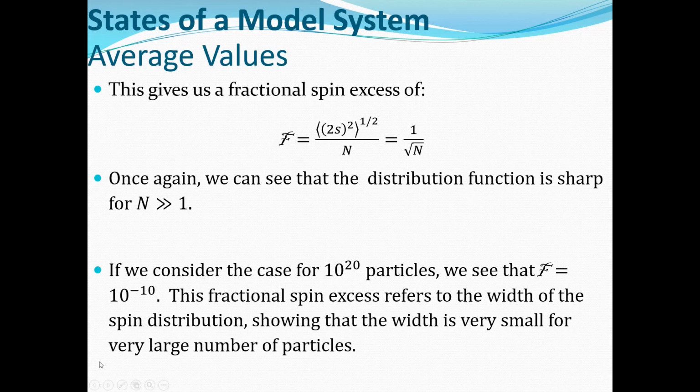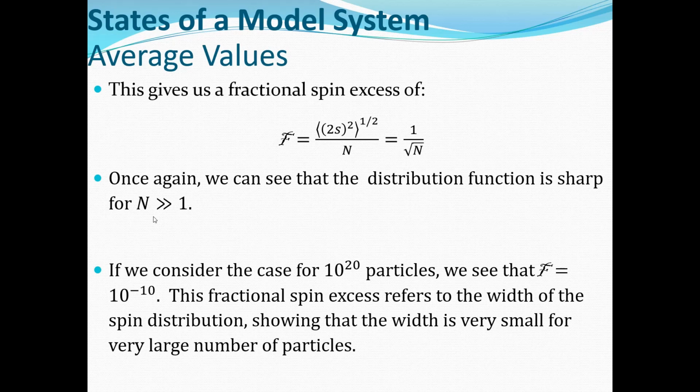So here, this kind of just puts it better into words that if we consider a case where we have 10 to the 20 particles, which I think is still not a huge amount, we end up getting that the fractional spin excess is 10 to the negative 10, basically referring to the width of that distribution of spin values is going to be very, very small for this large number of particles.